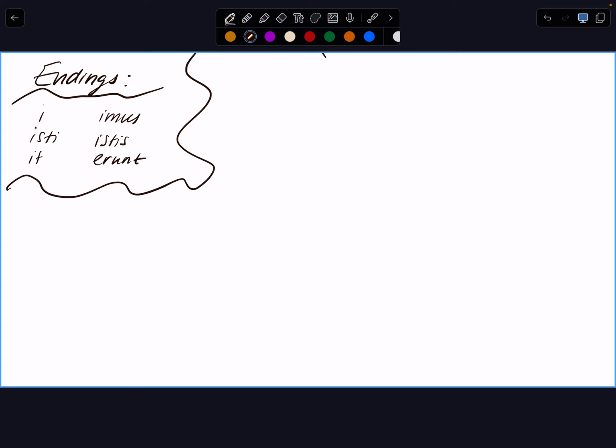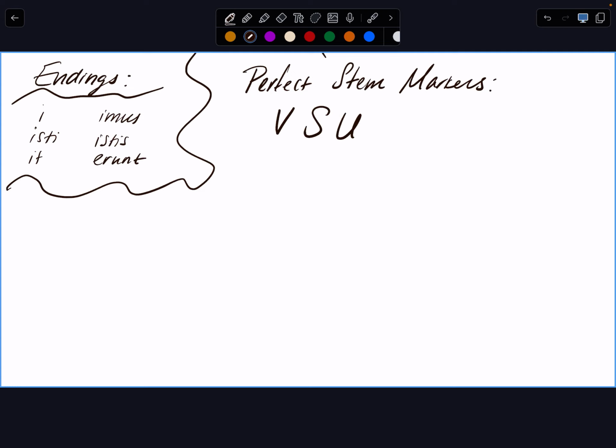The other part of the word, the stem part, the perfect stem, there's usually going to be a consonant or a vowel that's going to indicate to you that this is definitely perfect. And I like to call this V sucks.